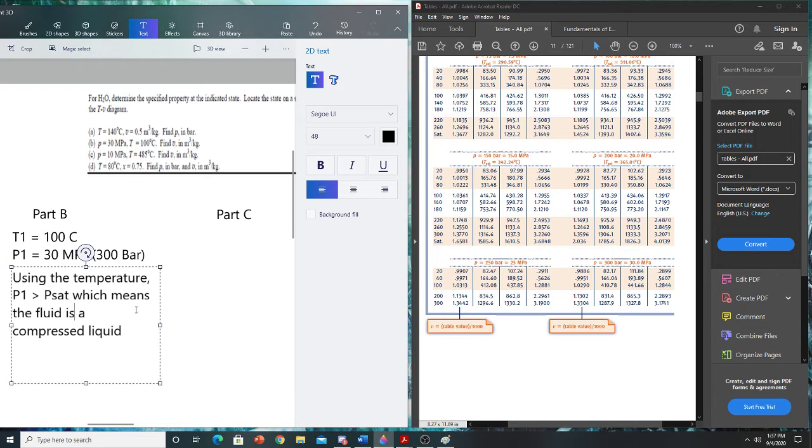We are all compressed liquids on this day. Using the temperature table, P1 is greater than Psat, which means the fluid is a compressed liquid.